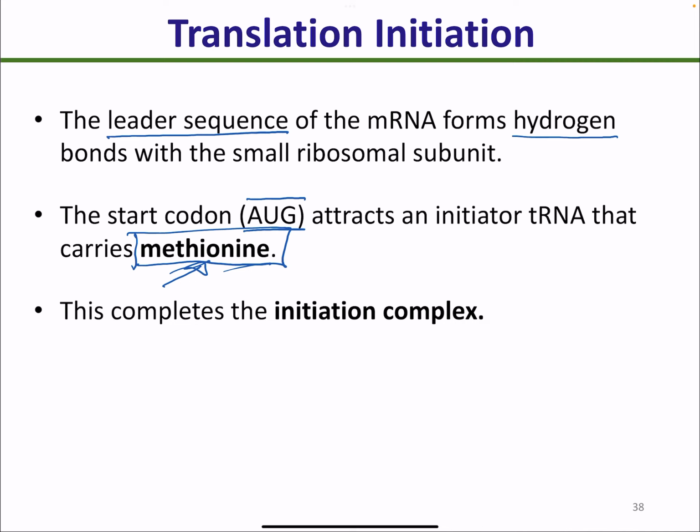Now translation can continue with elongation. And that elongation requires the presence of the large ribosomal subunit, right? Because so far we have the small ribosomal subunit that is attached. Now you need a large ribosomal subunit that comes to attach.